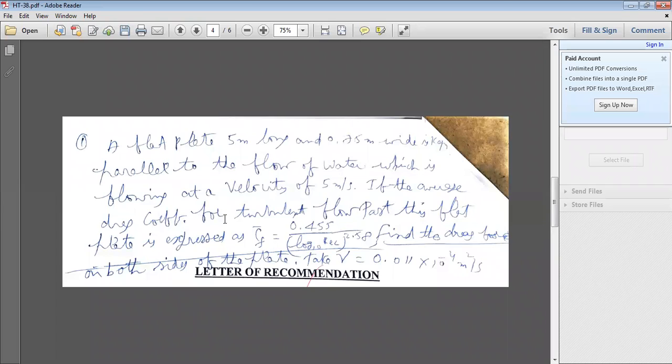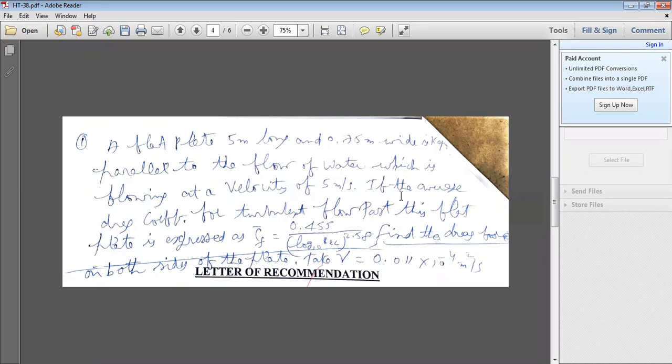The average drag coefficient for turbulent flow past this flat plate is expressed as CF bar is equal to 0.455 divided by log REL to the base 10 whole to the power 2.58. He has given the formula here, but sometimes he may not give it.